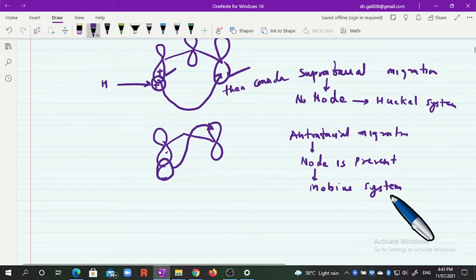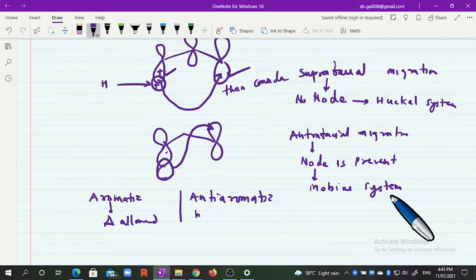But which factor decides whether it is thermally allowed or photochemically allowed? If our system is aromatic, then it is thermally allowed, and if the system is anti-aromatic, then the reaction is photochemically allowed.